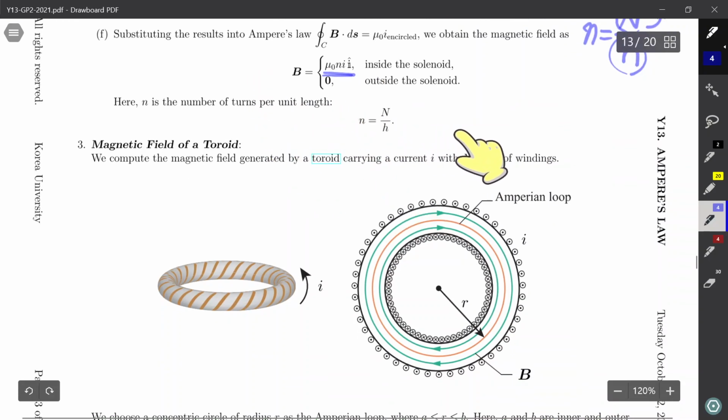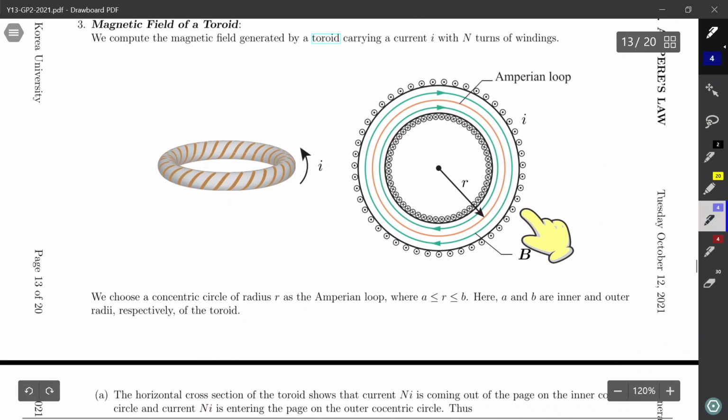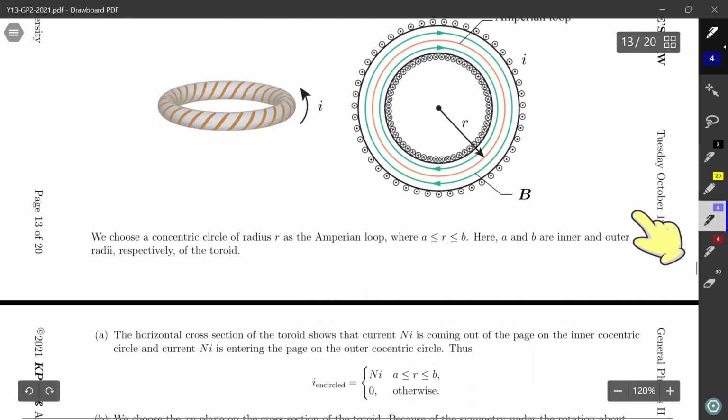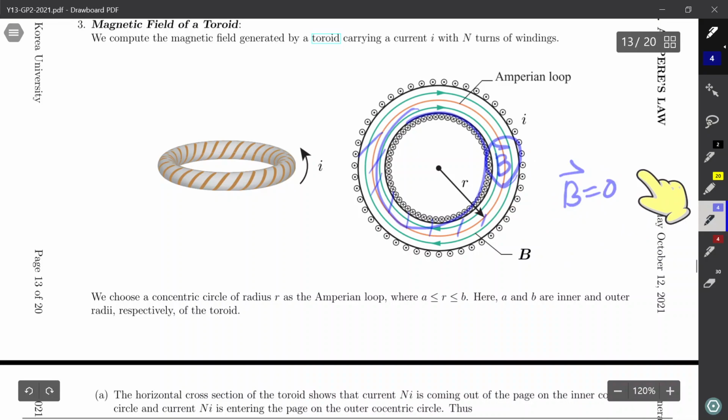We can extend this result to consider the magnetic field inside the toroid. A toroid is just like a donut. We can prepare an Ampere loop inside, just like the solenoid. Only B is inside; B outside can be approximated as B equals 0 outside.